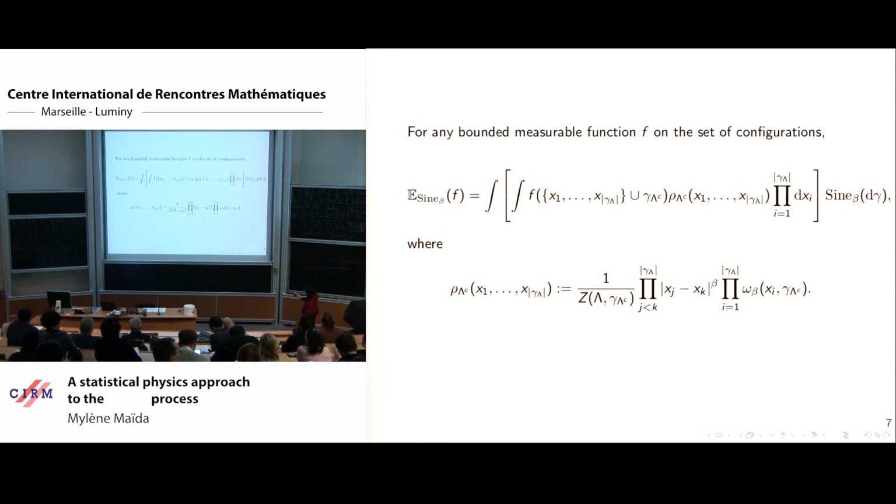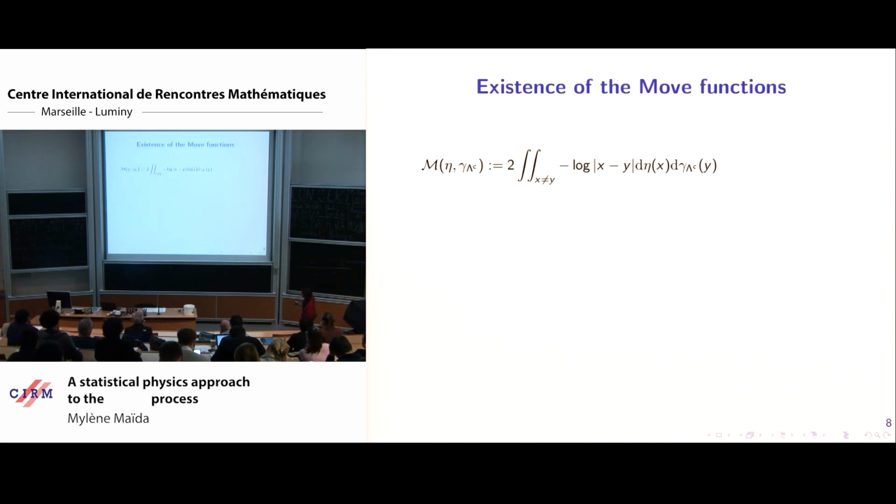Then I keep the configuration outside, and I redraw the same number of points according to a certain density, where you have the interaction, this is the H, and something depending on the exterior configuration, which is the move function. Is it clear, what is the meaning of the DLR equation? I'll try to explain to you what the technical difficulties, the technical issues, are.